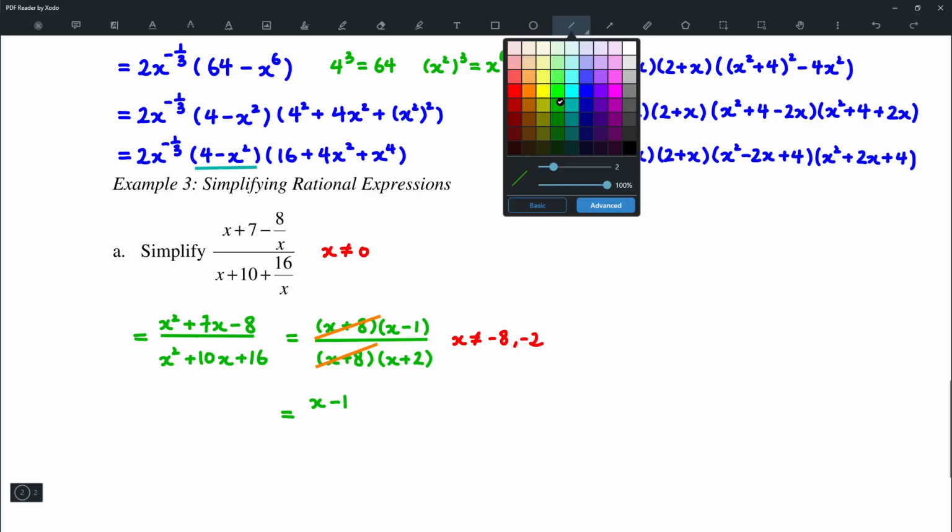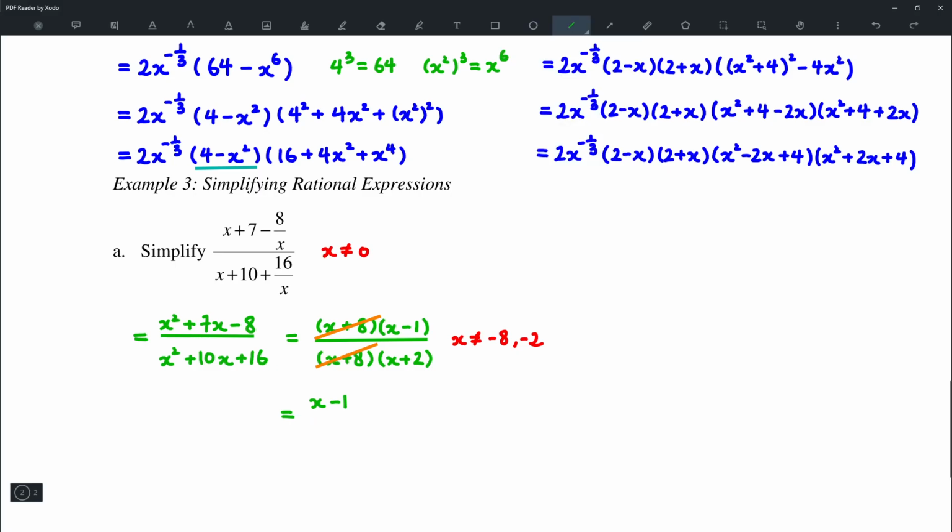But the idea here is that the restrictions that we added throughout are still there. So we still have x cannot be 0 from the start. It cannot be negative 8 just from above, and also it cannot be negative 2, even though the 0 and the negative 8 restrictions don't appear in the final answer, but they are still there.